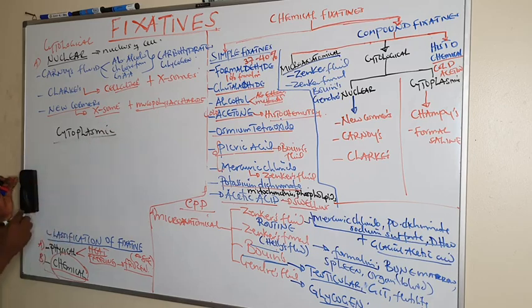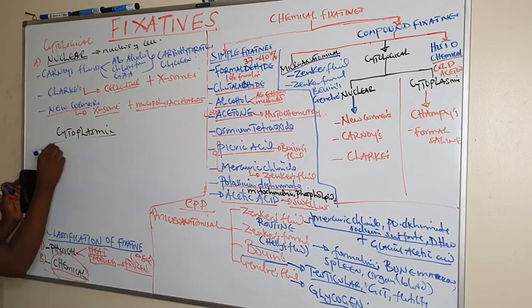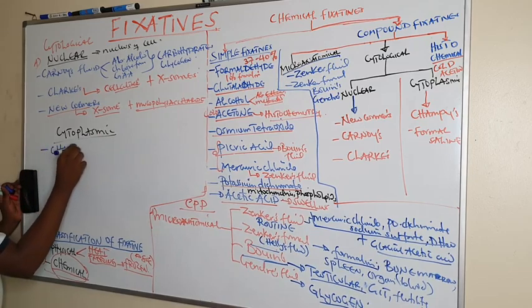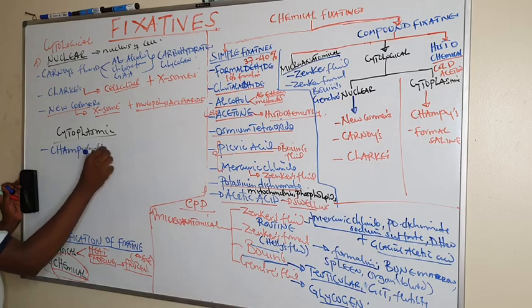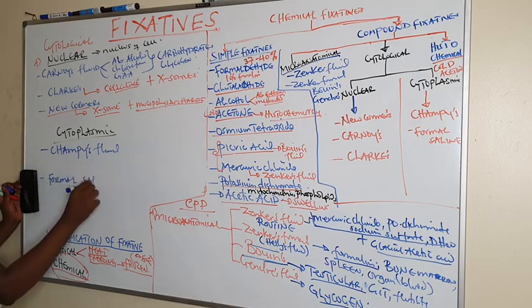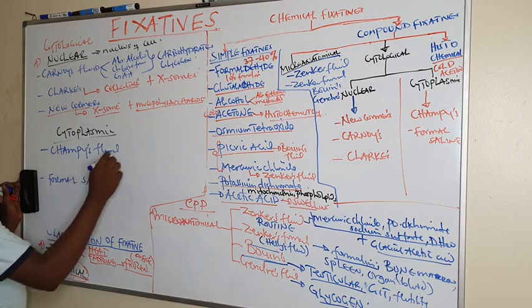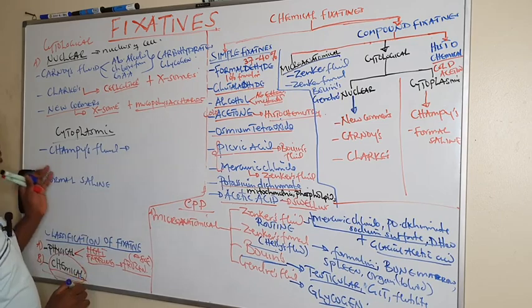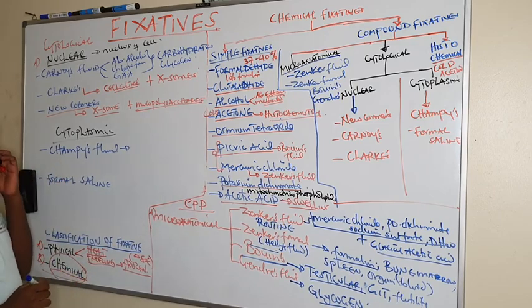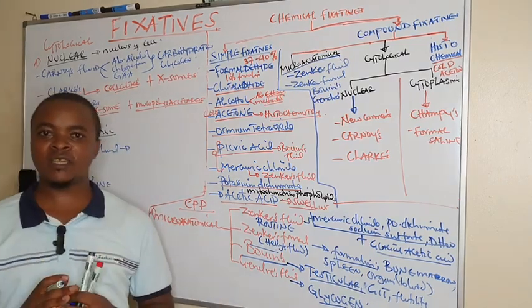Cytoplasmic cytological fixatives, and under cytoplasmic we have seen majorly Champy's fluid and formal saline. And this Champy's fluid, as a cytoplasmic fixative, it fixes or preserves the cytoplasm of cells.